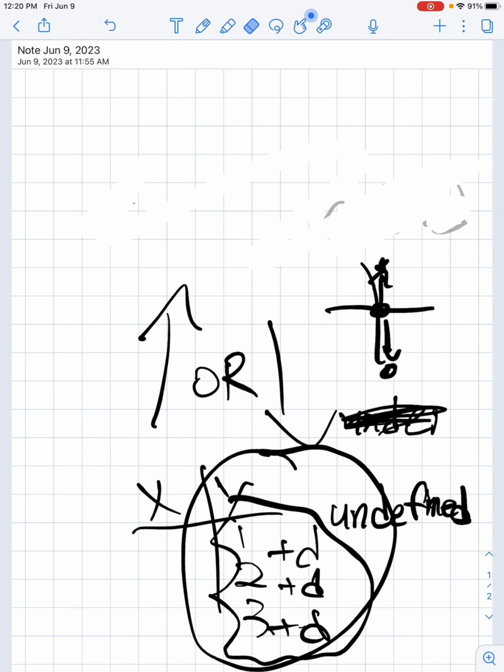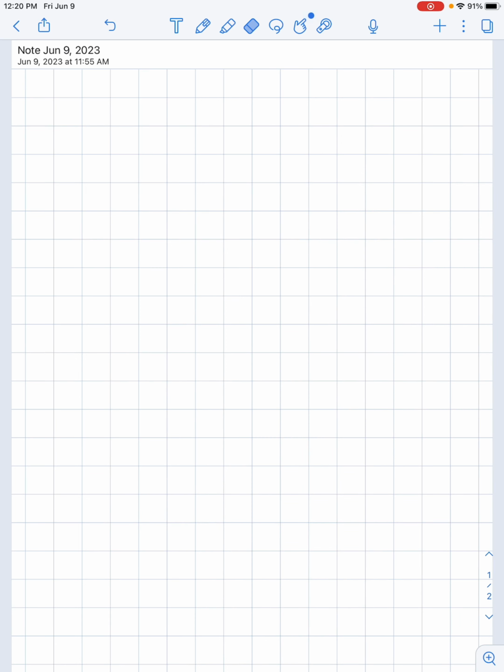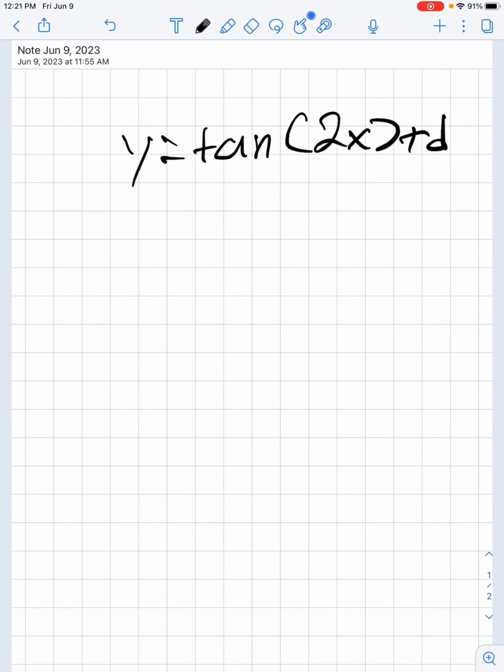With that, you can now start a problem on your own, but in this case, I will be showing you the ropes and help you in this journey of math. So the example being used is y equals tangent 2x plus 2.